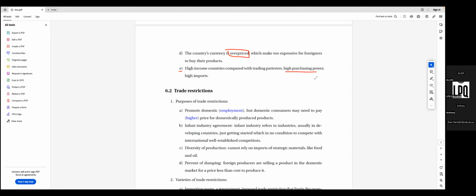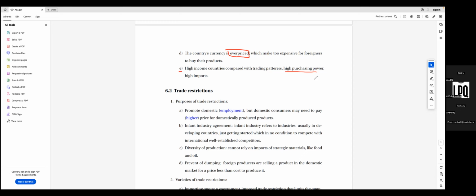Imagine Americans living maybe in New York City. So they make their monthly income in American dollars. And if they use USD to buy something made in, for example, Southeast Asian countries, like things made in Thailand, it could be very cheap. So the purchasing power of USD is so strong.